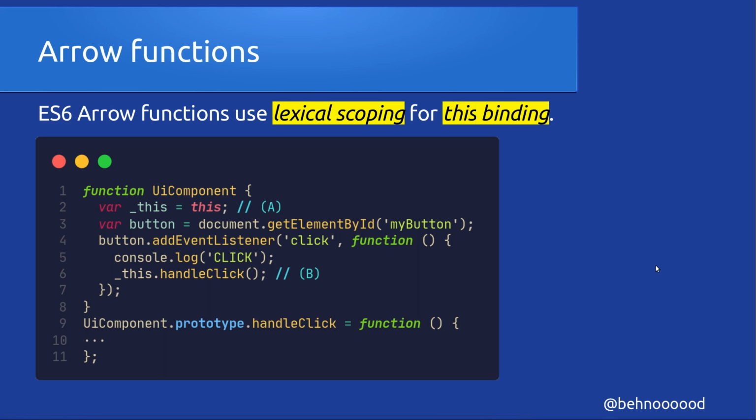As you can see in this example, we created the helper variable _this in line A, so the this of UI component can be accessed in line B.